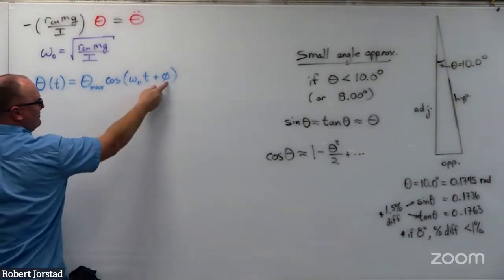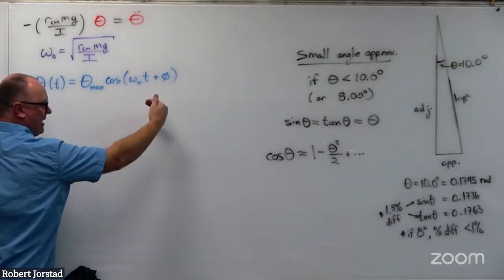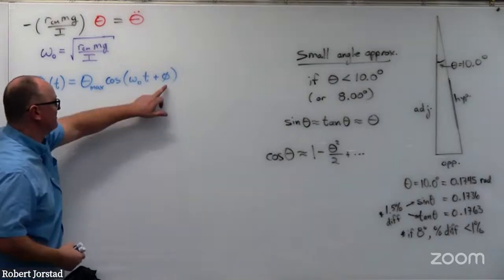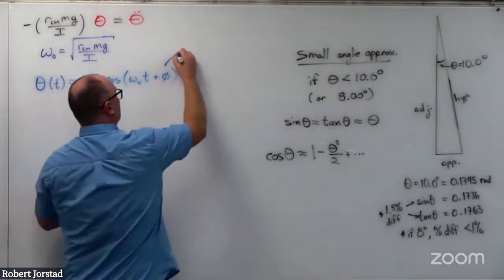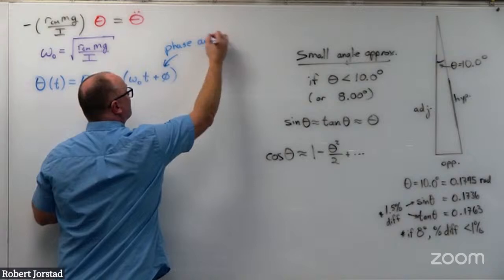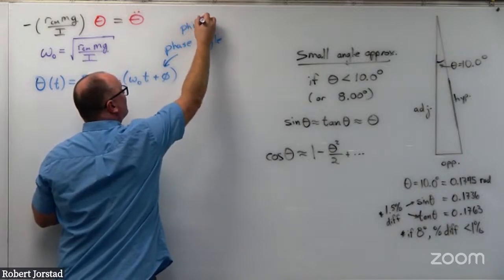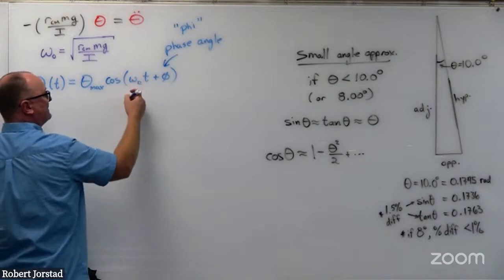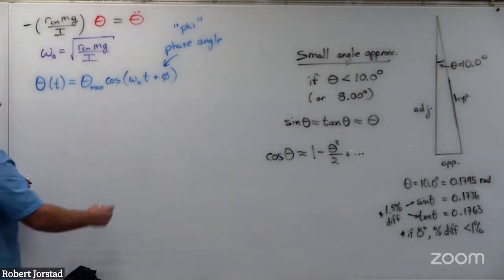So phi just helps you: do you start at the maximum, the minimum, at the bottom? Where do you start in the oscillation? That's what this phase angle is, the Greek letter phi. Remember, this omega naught we've described here is the angular frequency.